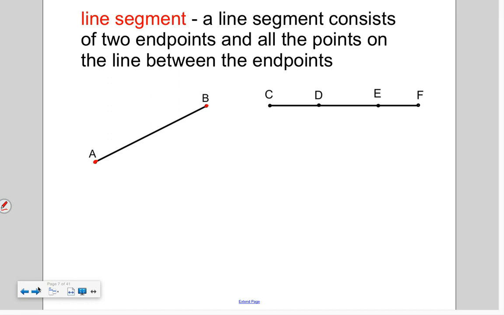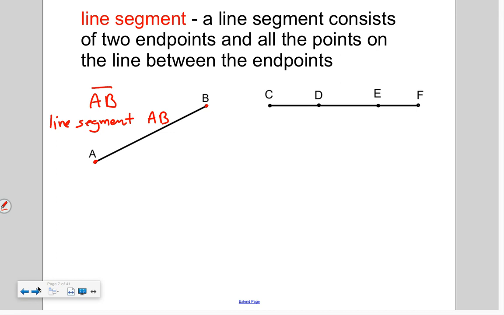The way we would symbolically write this would be line segment AB. Now there's no arrows above A and B. It's just a line drawn without arrows. That represents all the points between and including A and B. Now you could write it out and you could say line segment AB.